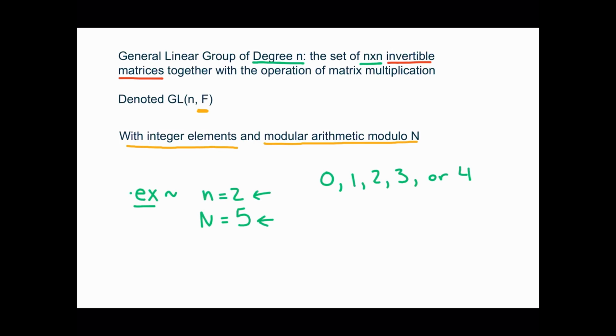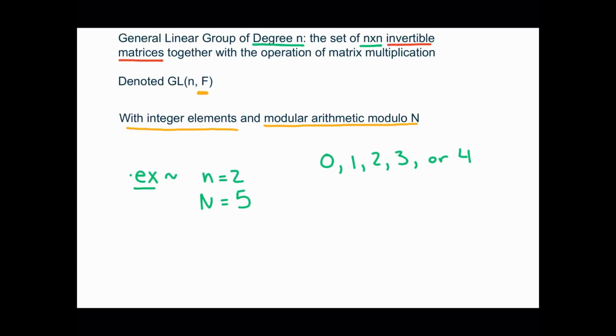In other words, the elements in my matrices are either going to be 0, 1, 2, 3, or 4. Two such 2 by 2 matrices whose elements are limited to the integers 0, 1, 2, 3, or 4 are the matrices 0, 1, 2, 3, and 1, 2, 3, 4.